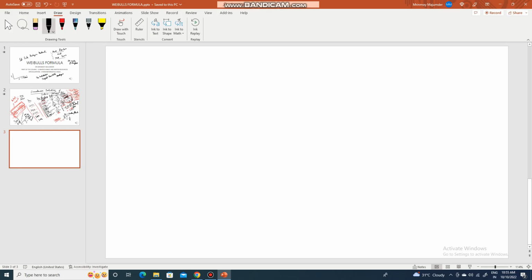Suppose they will say that the peak rainfall data of the previous 10 years is as given below.